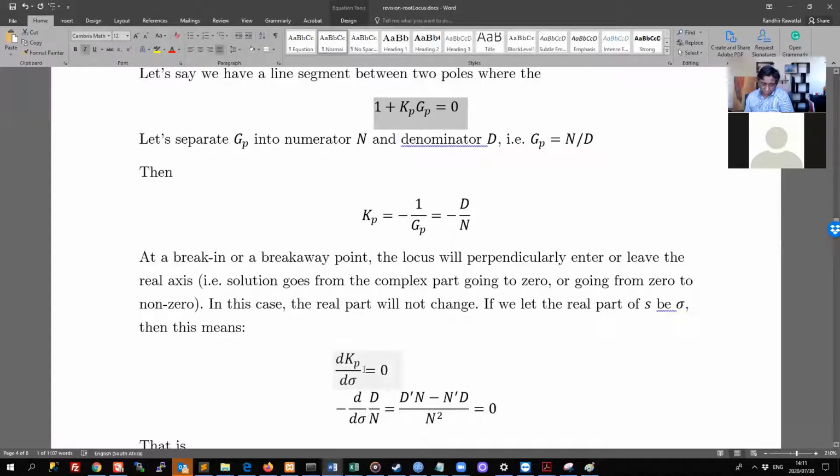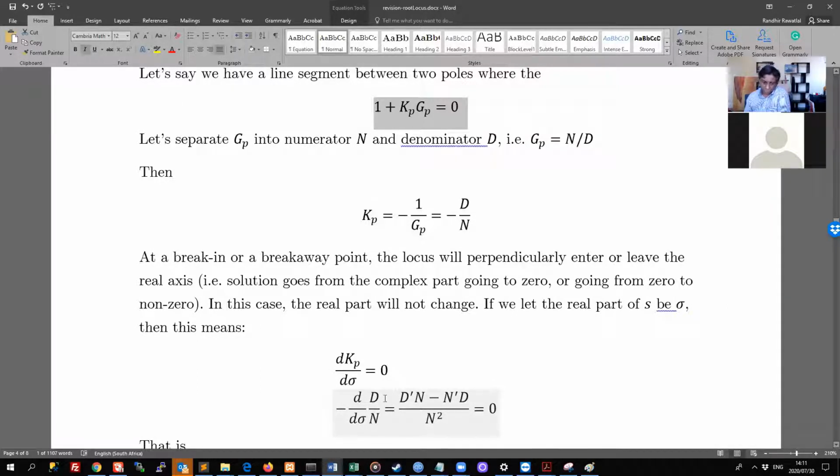And so if that is what we're looking for, then we can differentiate this expression. Of course, both these are functions of s, so both will have real parts to them. If we differentiate this, we have to use the quotient rule of differentiation.